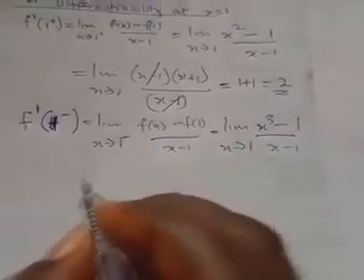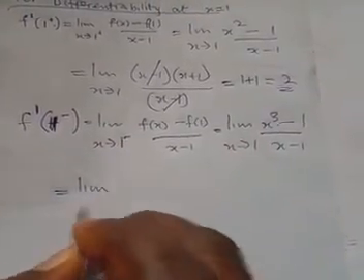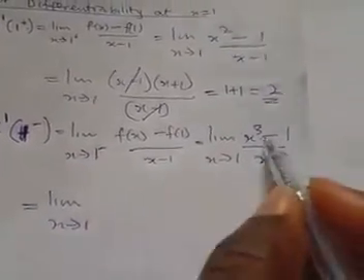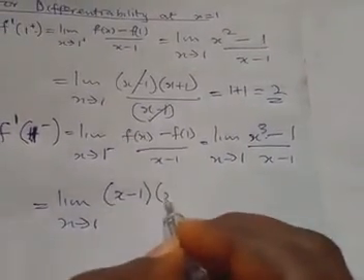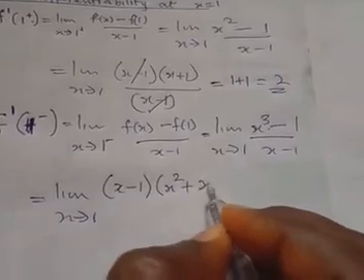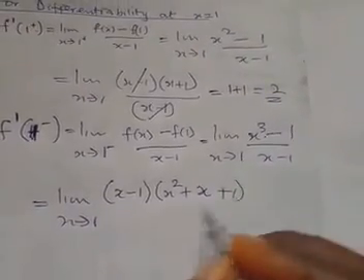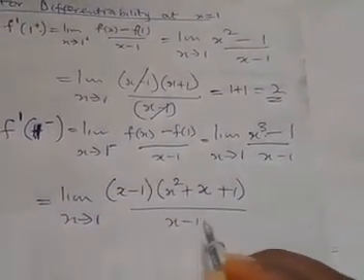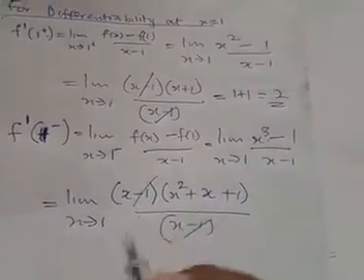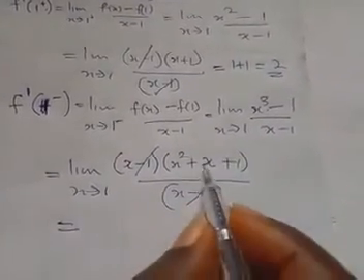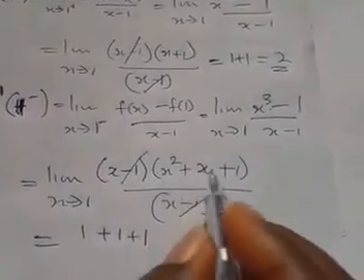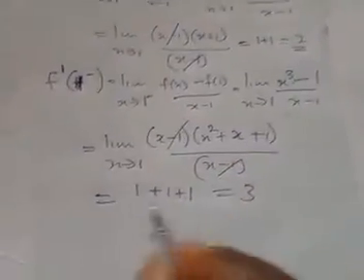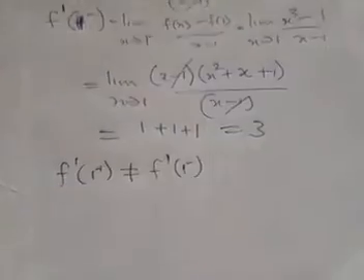So we now need to expand this. This is a difference of two cubes, which we can expand as follows: (s minus 1)(s squared plus s plus 1) divided by (s minus 1). This cancels this. So if we now put s to be 1, we have 1 plus 1 plus 1 here, which is 3.